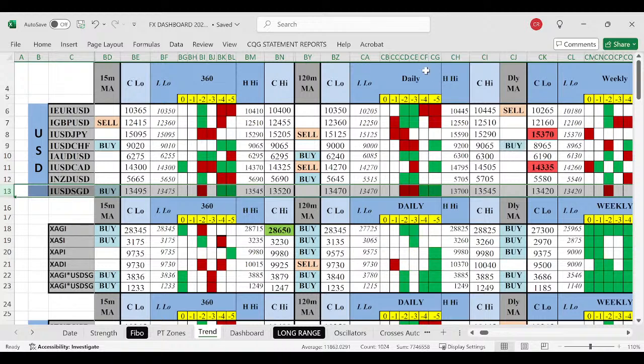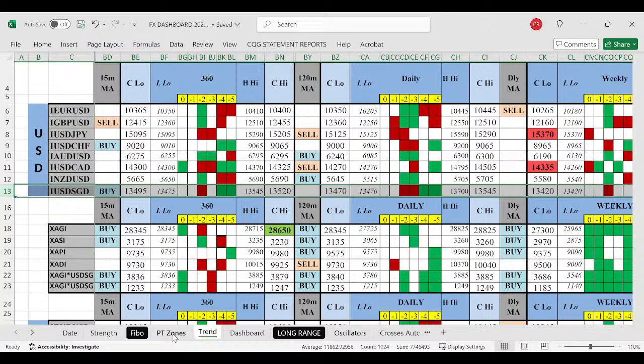Then on the daily, the range we are looking at is 134.70 and 135.45, and this is also flat with the downside view. Weekly is also flat with the downside view. So we should be looking to go for a cautious sell, or sell and hold.